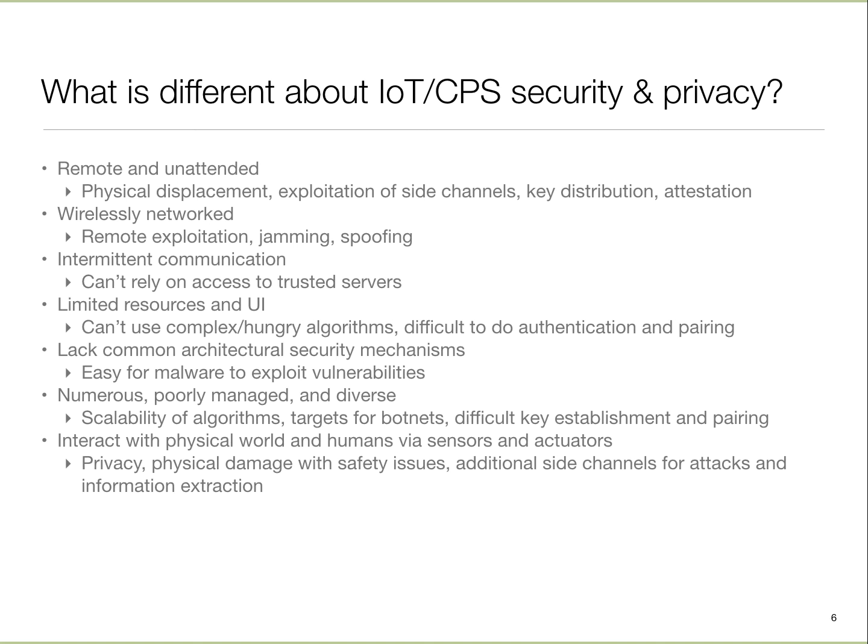I think very key is that these things are intrinsically designed to interact via sensors and actuators with their surroundings, both the physical world as well as humans, and that leads to a whole bunch of issues. Firstly, when a sensor collects data, it's really collecting the raw data. It's not collecting a particular inference about you.